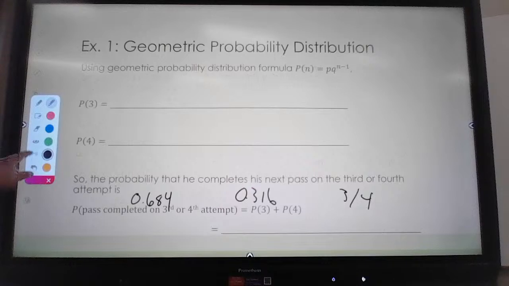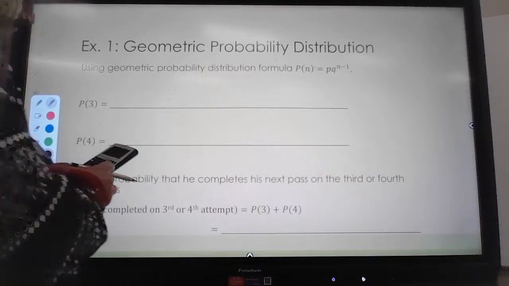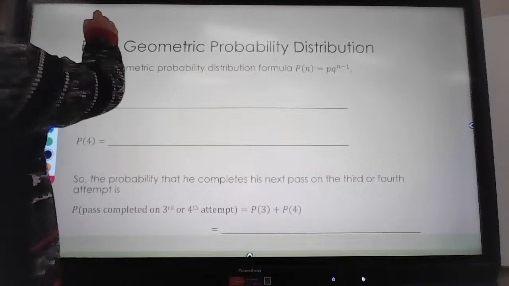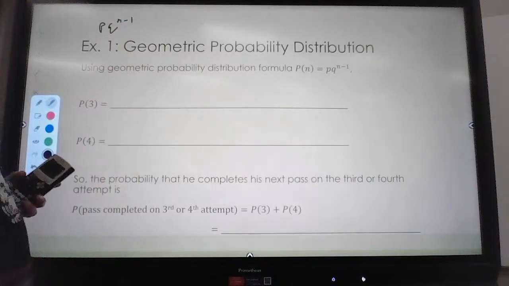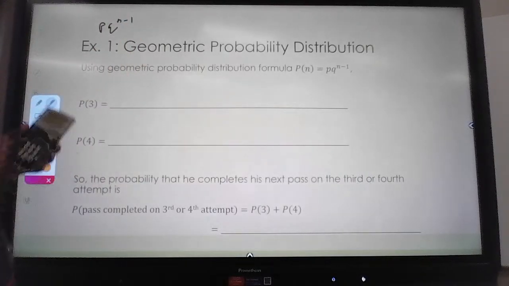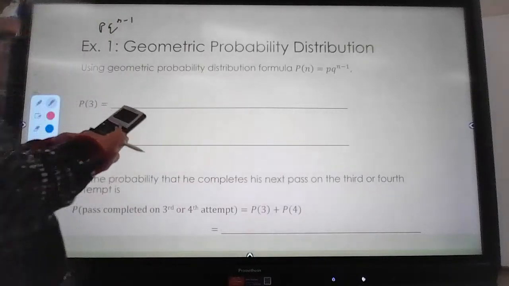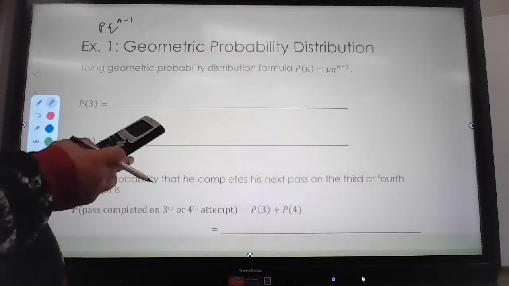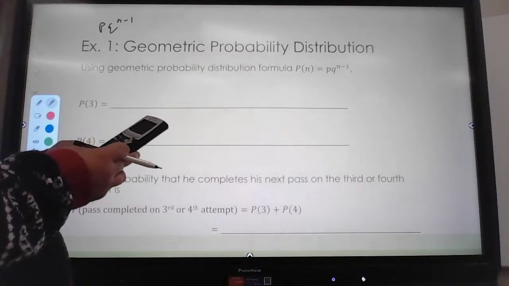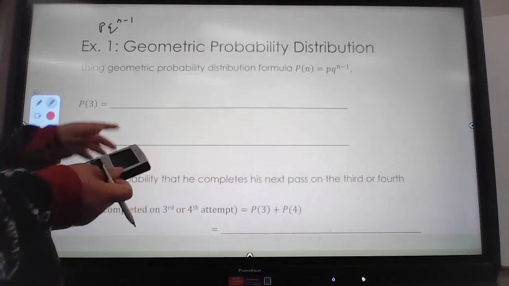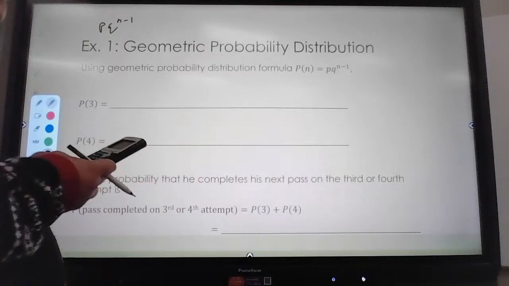So let's start with P of 3 and then P of 4. So remember, it's P times Q to the n minus 1. So if n is 3, n minus 1 is 2. If n is 4, n minus 1 is 3. So our probability of success is 0.684. Our probability of failure is 0.316. We'll raise that to the n minus 1, so 3 minus 1, which is 2.